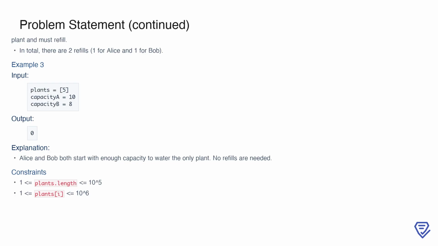Bob, on the other hand, starts with 4 liters and waters the last 2 plants. He waters the third plant, which requires 3 liters, leaving him with 1 liter. However, the last plant also requires 3 liters, so Bob must refill his can as well. This means both Alice and Bob need to refill their cans once, resulting in a total of 2 refills.